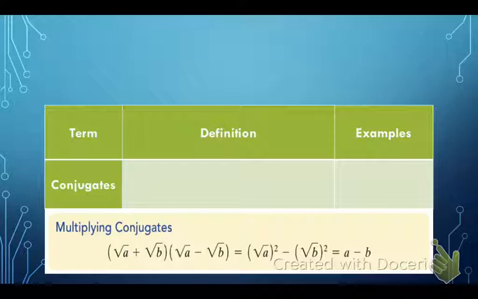Whenever you FOIL, going outside and inside, there's going to be a positive version of the same number and a negative version of the same number that are going to cancel. That's the whole point. We want the middle to go away, and because we have a radical multiplied by itself, it's going to drop off.